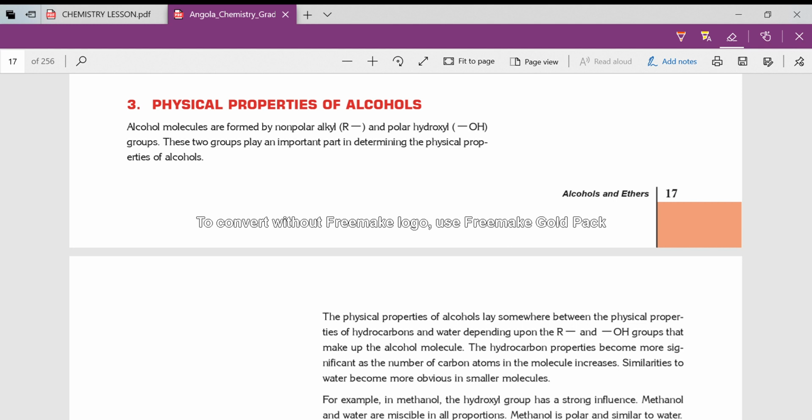Okay, so physical properties of alcohol. We need to remind ourselves that alcohols are made up of two parts. The first part is the non-polar alkyl group, and the second part is the polar hydroxyl group. These two parts, non-polar and polar respectively, will determine how the molecules called alcohol behave.